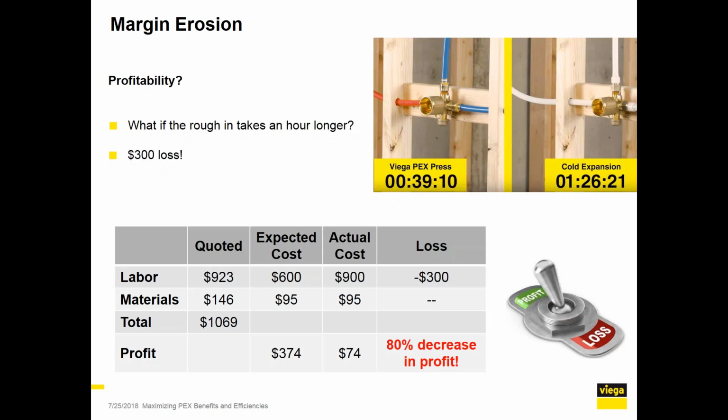And this was a simple shower valve installation, but the cold expansion system took over double the time to make the connections and get the shower valve installed. So our connection, again, because it is fully assembled, you have a system match tool that's consistent every time. There are a lot of benefits that come into play there with guarding your profit, maximizing your workforce, and being able to move on to the next job.